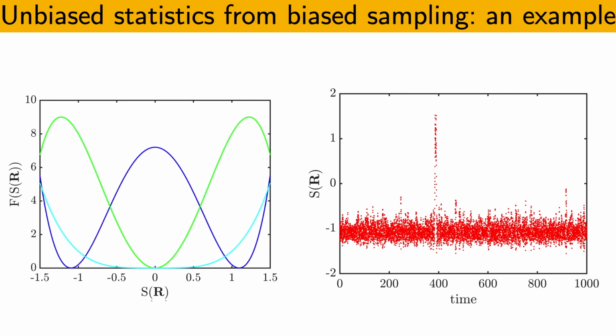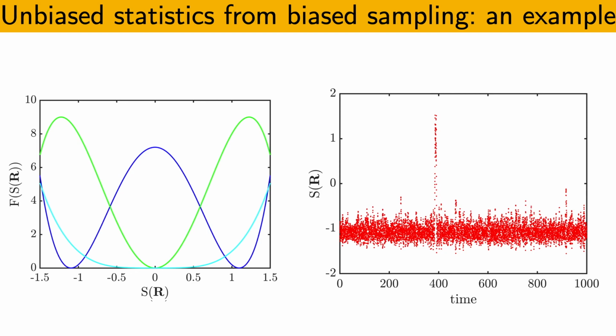In order to introduce a bias, as I mentioned earlier, we want to obtain a smoother probability density, and to do so we can aim at introducing a bias that smoothens out the barrier.